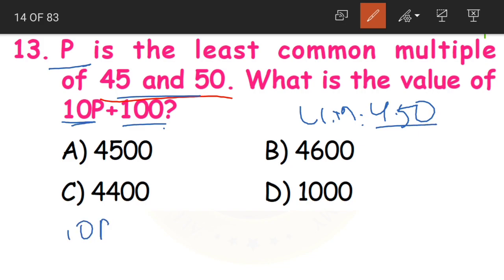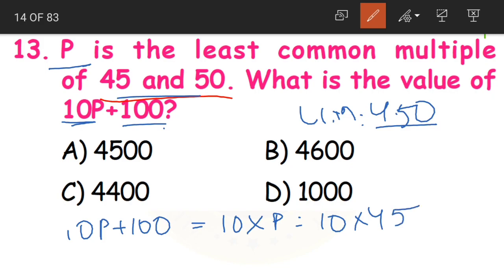What does 10P mean? 10 into P, that is equal to 10 into 450. If you remember mental multiplication with 10, when we multiply a number by 10, we simply have to place a 0 to the right. So 10 into 450 becomes 4500.